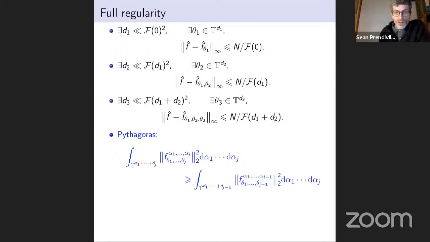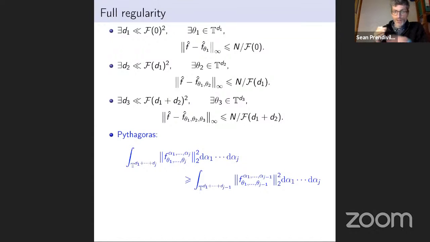But let's recall our use of Pythagoras' theorem from the proof of the weak regularity lemma. This energy is non-decreasing as the partition gets more and more refined. So you refine the partition and you don't decrease the energy. Okay.